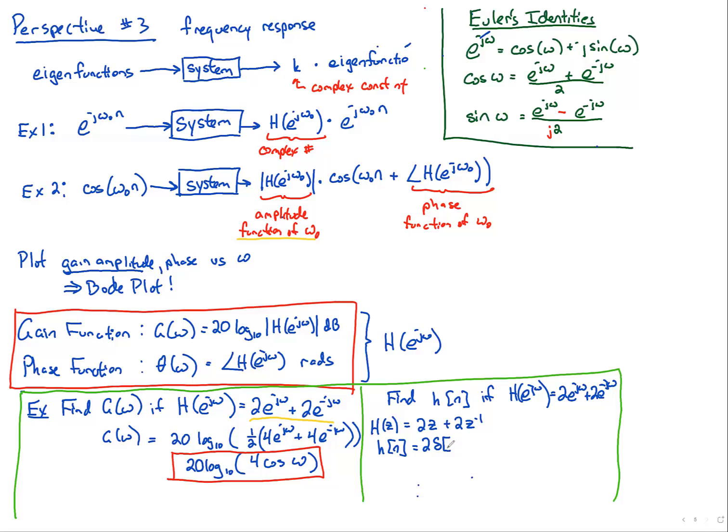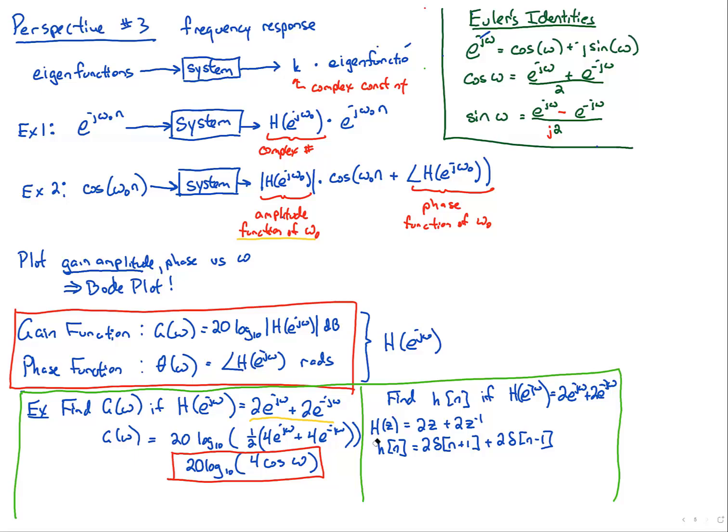Almost. It's not 2 impulse of n, but there's a z. Plus 1. Maybe I just misheard you. Impulse of n minus 1. Is that what you said and I just misheard you? No, sir. I said of n.